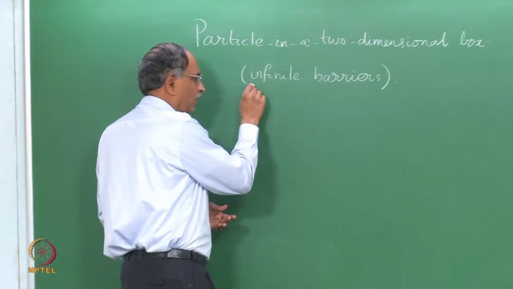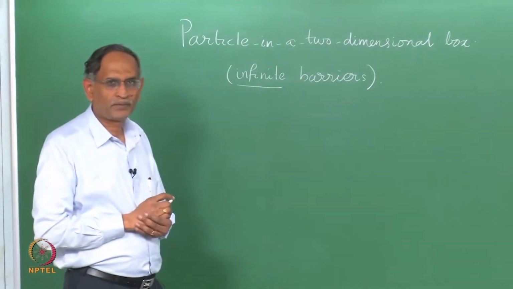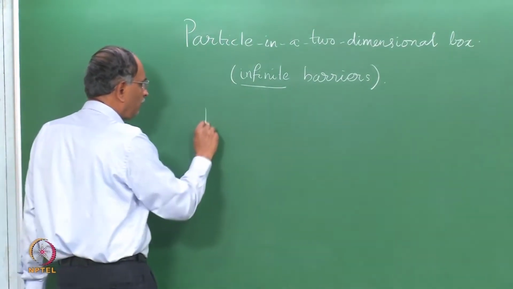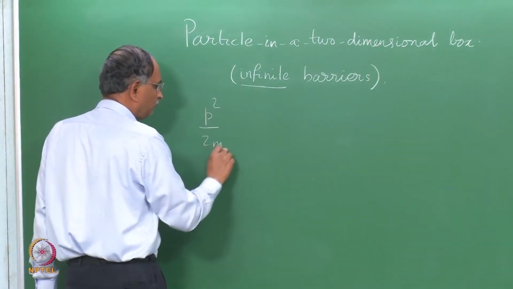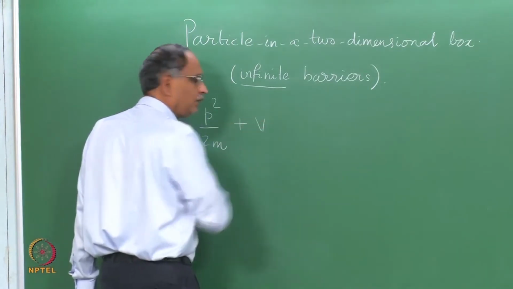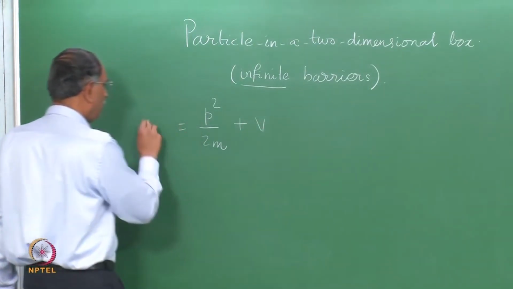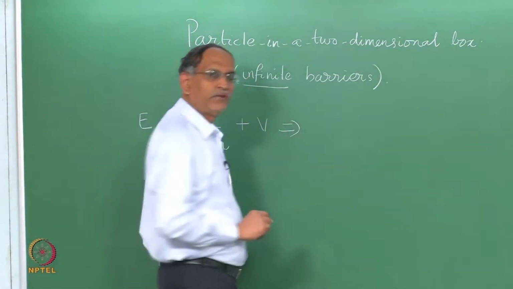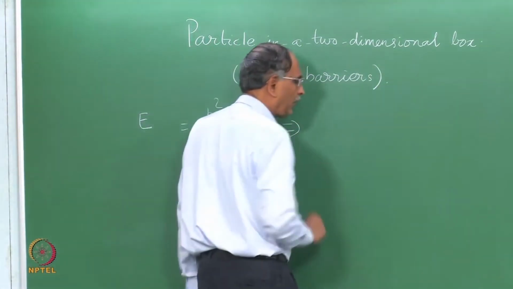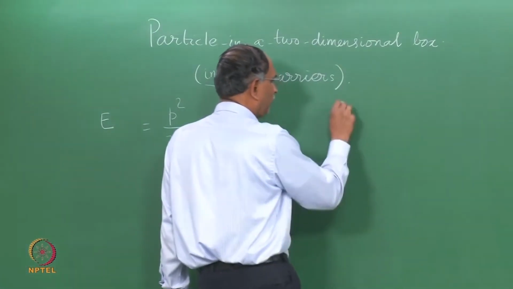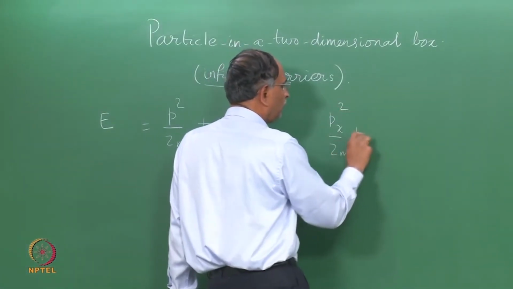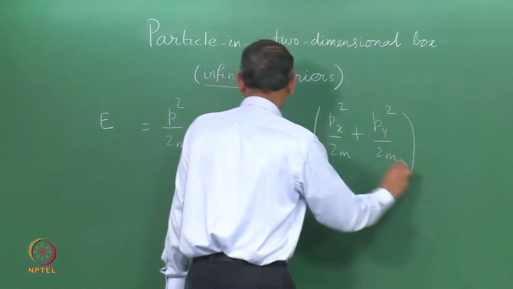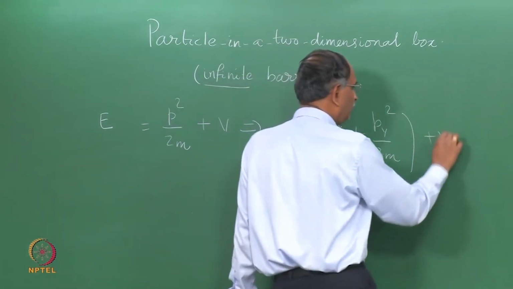The barriers are infinite. Therefore, if you remember the problem, p squared by 2m plus v, which is the energy term, is rewritten as p x squared by 2m plus p y squared by 2m, plus v.